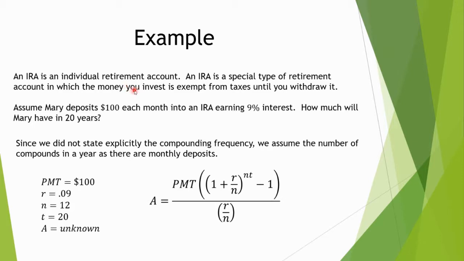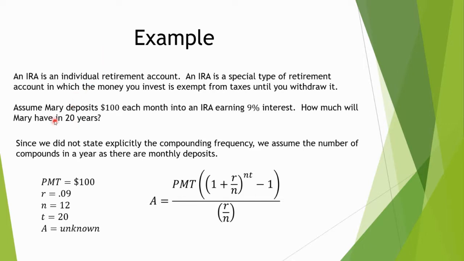If you try taking money out, there's a big penalty or something like that, mostly to recover taxes, I guess. You could form an annuity with a savings account, making monthly deposits and all that, except you may have to pay taxes on the interest earned. With an IRA, that doesn't happen.